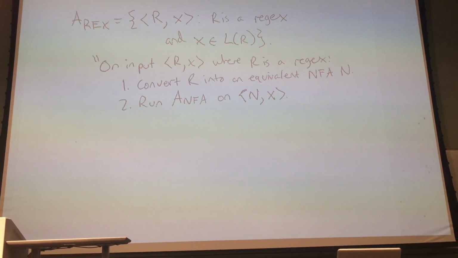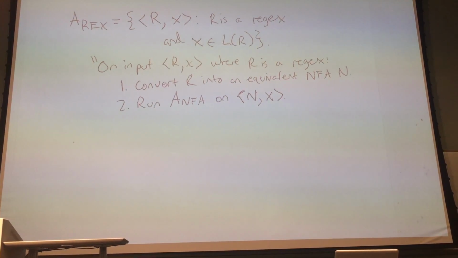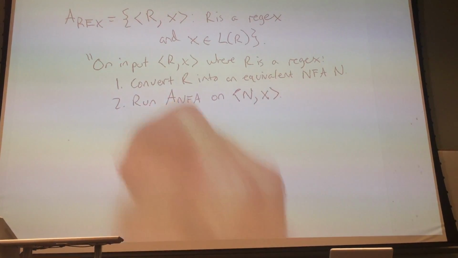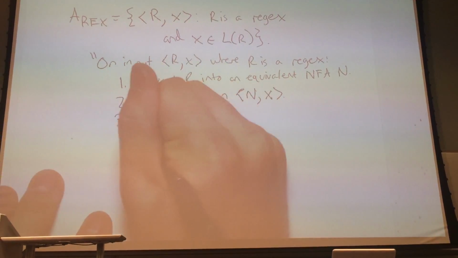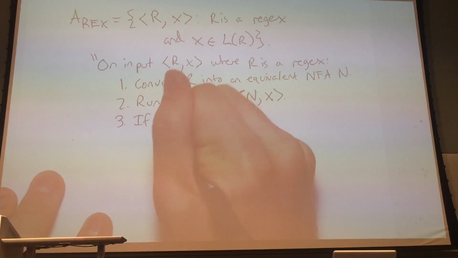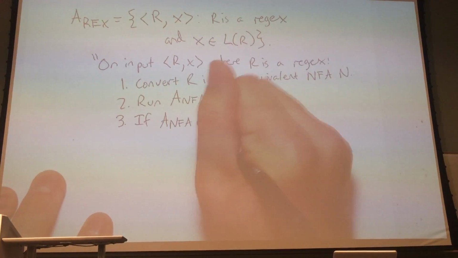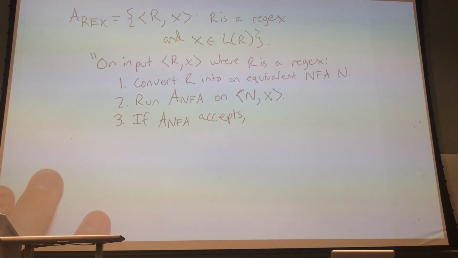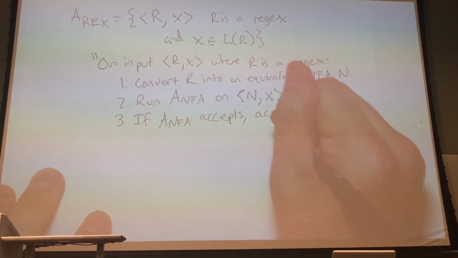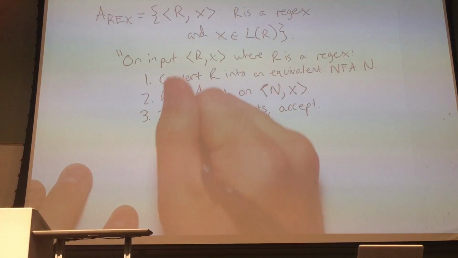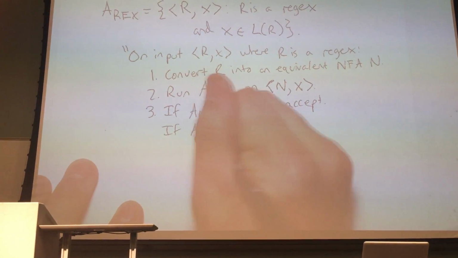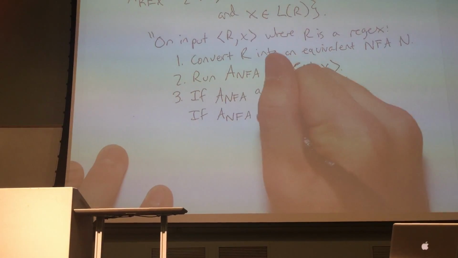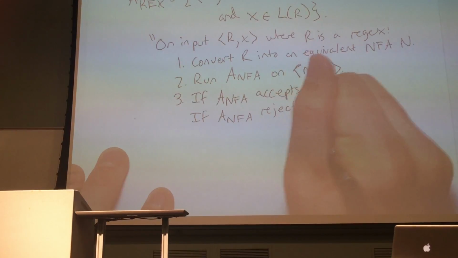And so, since it's a decider, now it says accept or reject in a finite amount of time. So if A sub NFA accepts, what do you think I should do? Accept, good. If A sub NFA rejects, then reject.